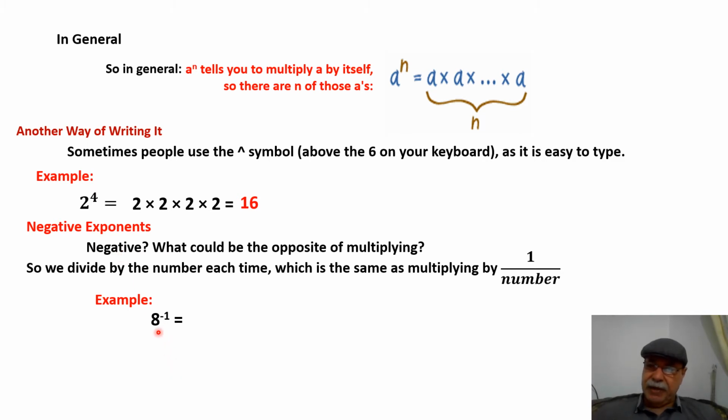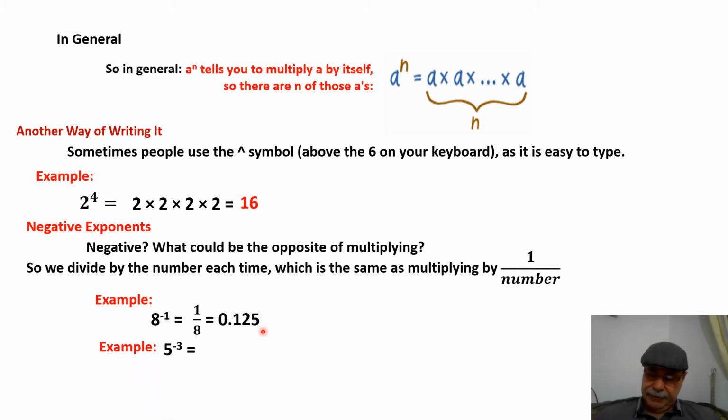Now here we have 8 to the power minus 1. Minus 1, or any number with power 1, stays the same, so you write 1 over 8, because 8 is over to the power 1. That's why there is no power in it. After you divide and simplify, you get 0.125.